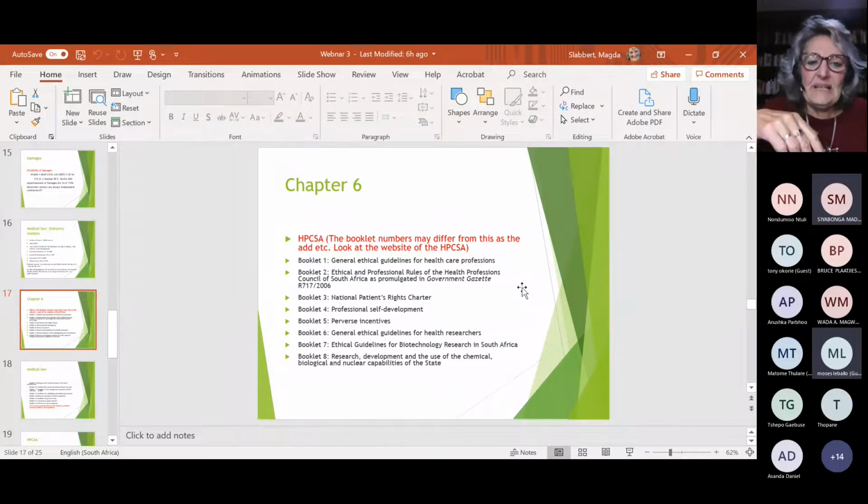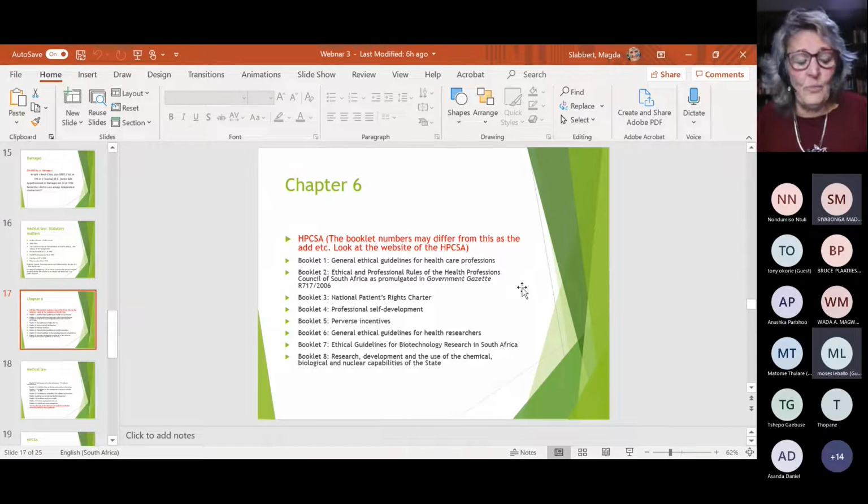The booklet numbers may differ because it is updated on a 2 or 3 year basis, and then they add information, etc. But there you will see the ethical guidelines for health professionals, the rules that they have to adhere to. You will find the Patients' Rights Charter there, and you will find all of this on the website of the HPCSA.